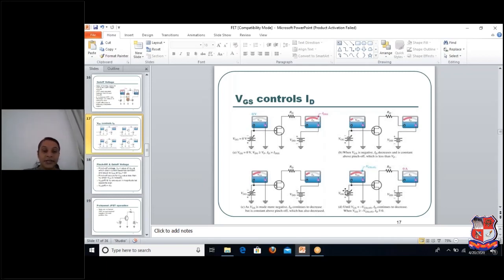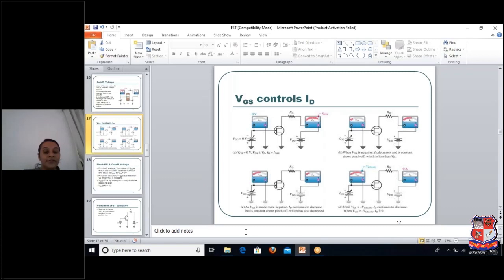This figure shows how VGS controls the drain current ID. You can see that whenever VGS equal to 0 and VDS is greater than VP, your drain current ID becomes IDSS. Whenever you give VGS minus 1 volt, ID decreases, constant above the pinch-off voltage, which is VP. Now you have to keep increasing the reverse bias: minus 1, minus 2, up to minus 5, and minus 5 is your pinch-off voltage.